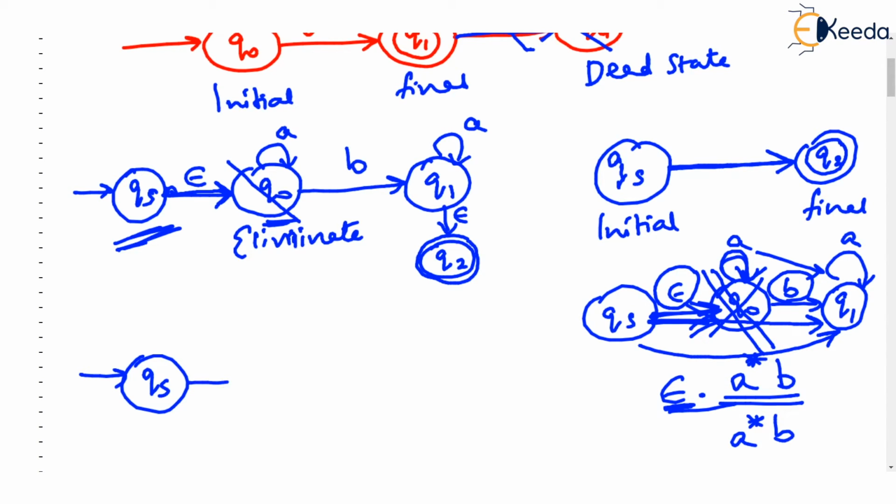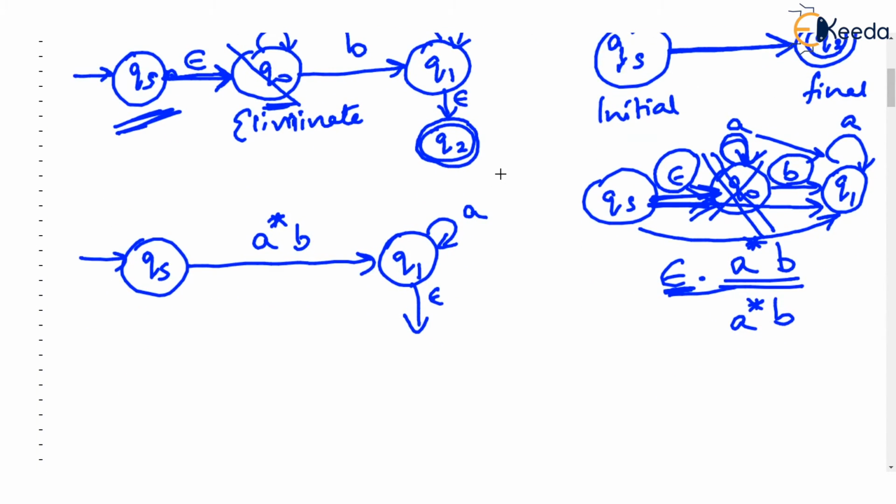Now we add a path from QS to Q1 and label it A star B. But Q1 remains as shown with a loop on A, and an epsilon transition goes to Q2. Q2 is the final state.